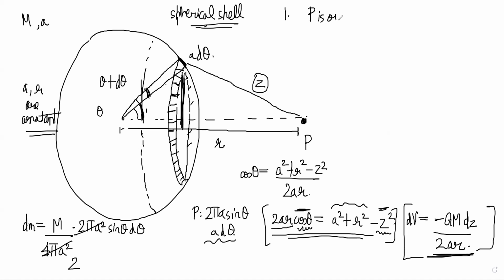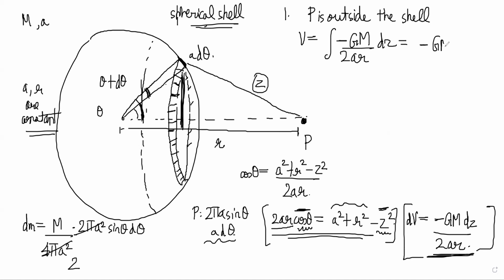P is outside the shell, and we have to integrate for potential. We have to integrate minus GM by 2ar dz, which is basically minus GM by 2ar integral dz. You have to imagine the point being outside and see how you will vary the different rings and how the z changes.